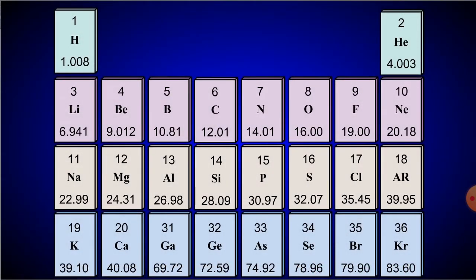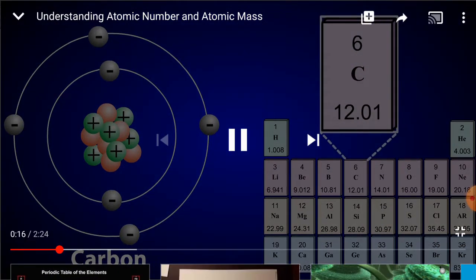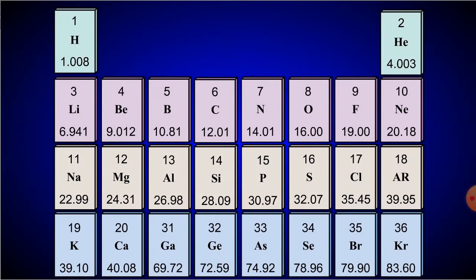Here they show us a part of the periodic table. As you see, above each element there is a number, and this number goes up in order, from 1 for hydrogen, then 2 for helium, then 3 for lithium, 4 for beryllium, 5 for boron, 6 for carbon, and so on.